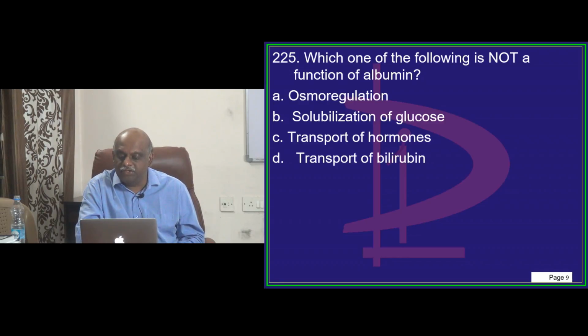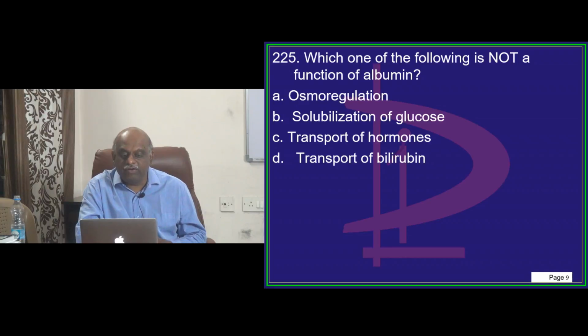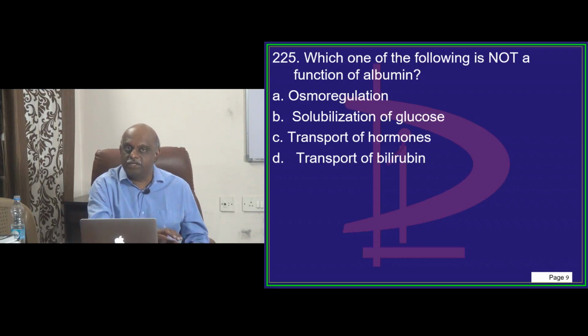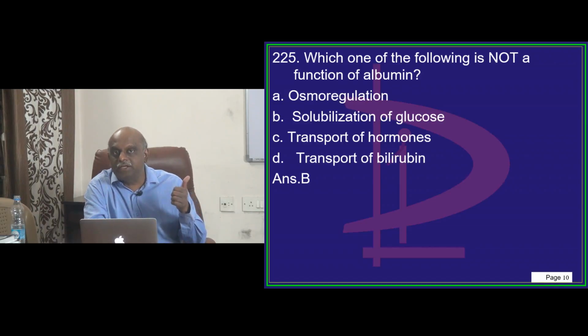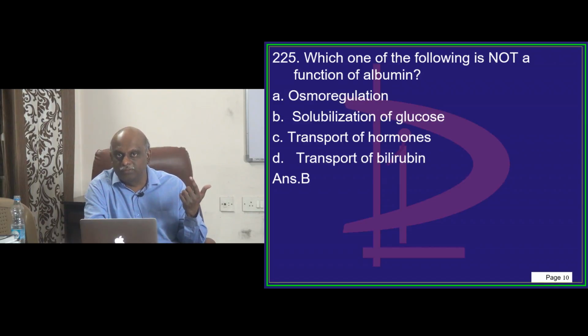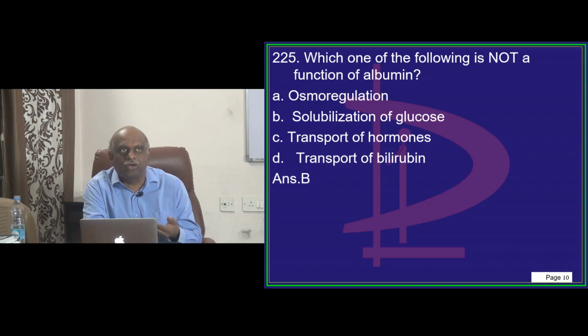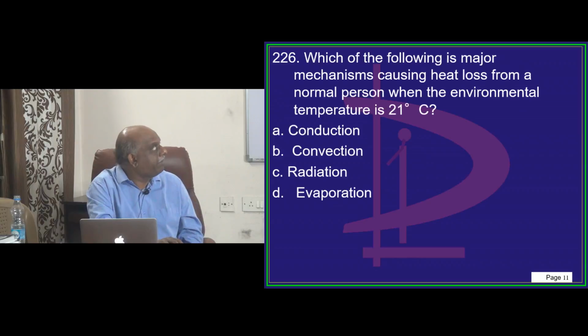So Amrit thinks, Khalid thinks, Sudha thinks, everyone is thinking solubilization of the glucose is not its function. Absolutely. Osmoregulation, hormone transport. That's the reason certain hormones, their hypo and hyper conditions will occur if there is any hypoalbuminemic state or if you are having cirrhosis or nephrotic syndrome is what you have to remember.